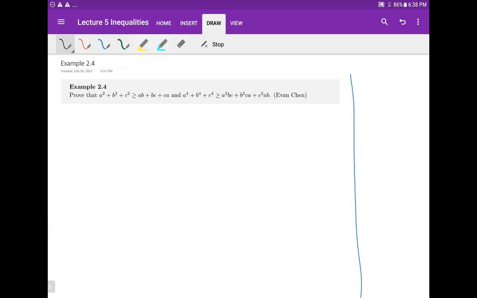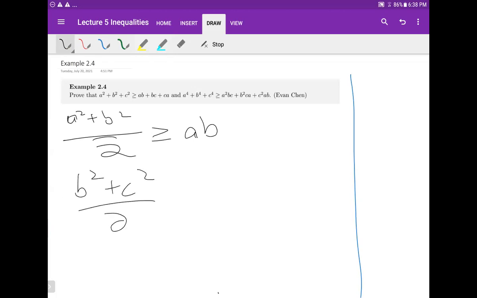So first we have a squared plus b squared over 2 is greater than or equal to the square root of a squared times b squared, which would just be ab. And then we have b squared plus c squared over 2 is greater than or equal to bc.